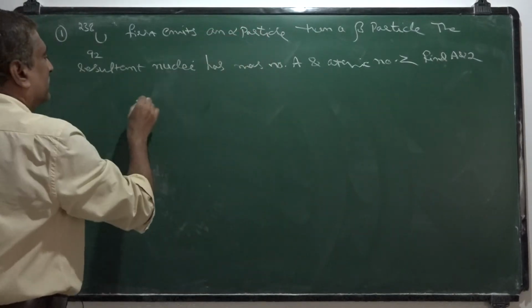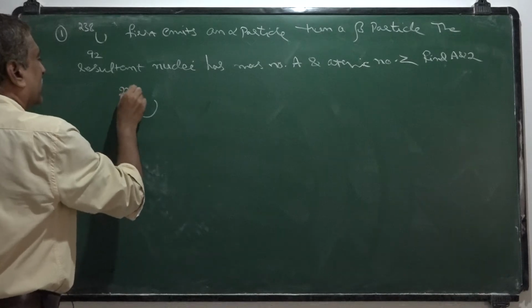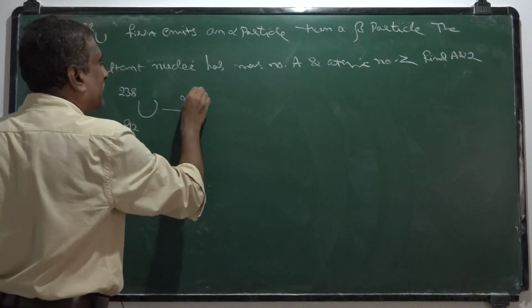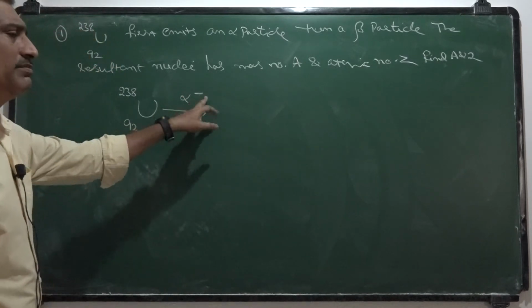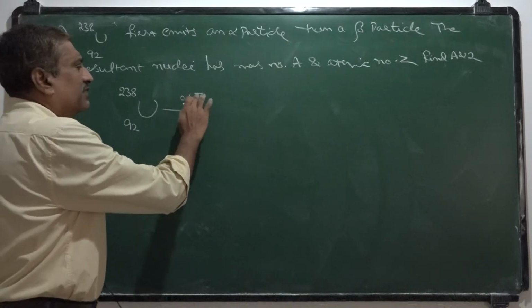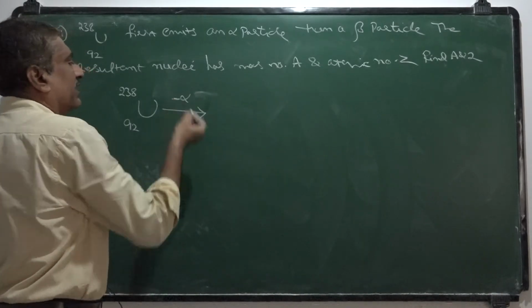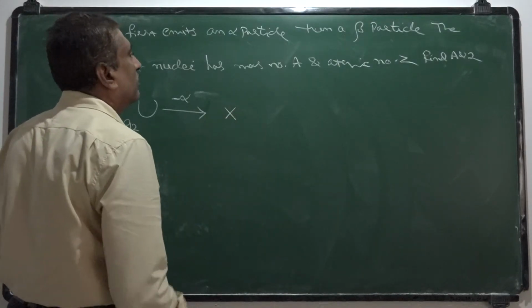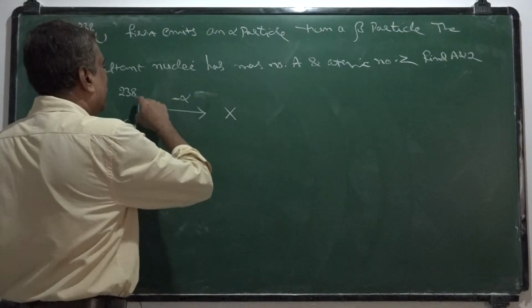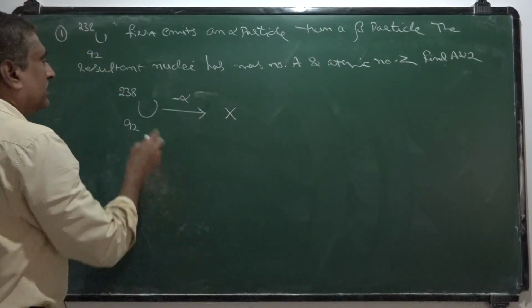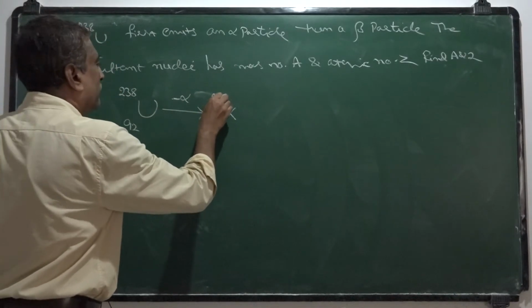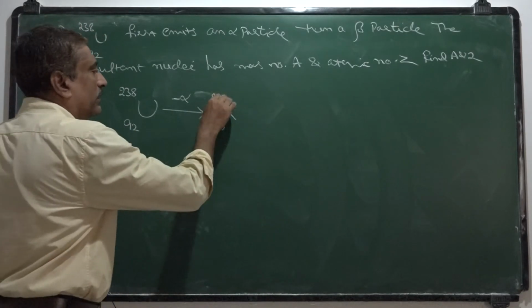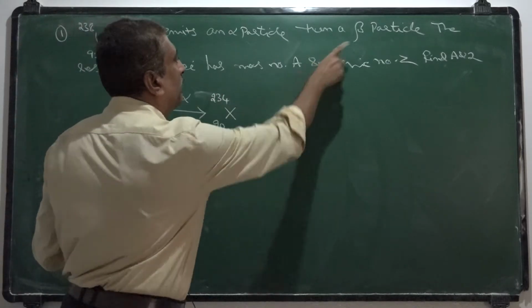So how we can find this? This is uranium 238, 92. As given, first there is alpha decay, so minus alpha, just for notation. Minus alpha, we get a nuclei X, whose mass number changes by 4 units and atomic number by 2. So this changes to 234 and this changes to 90. Now from this nuclei a beta particle is emitted.